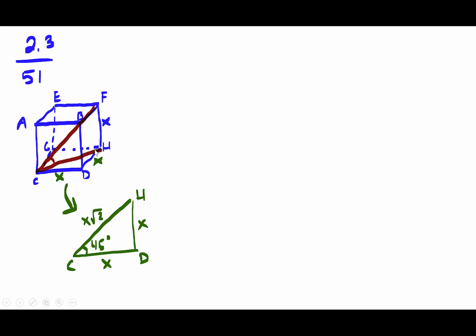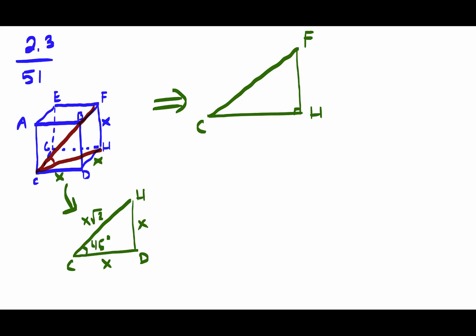So I think we got it. This side here is x root 2, and then the side over here, FH, is the little measurement that we want. If we bring this about here, the triangle I have now has C over here, F up there, and H. I have my dimensions here.